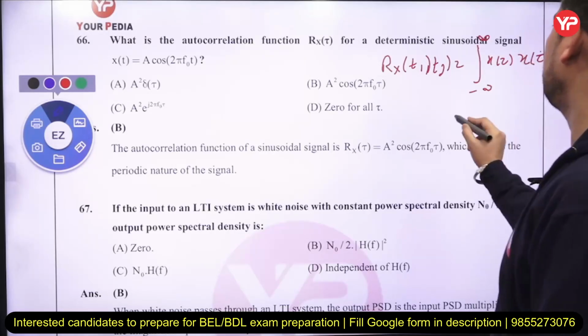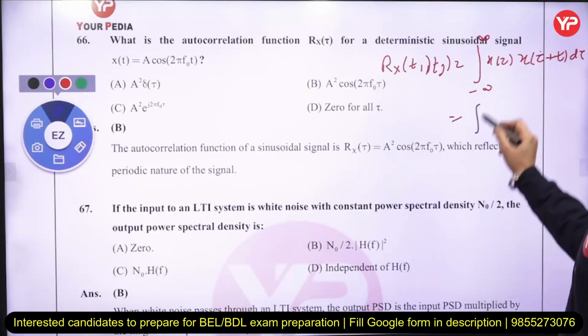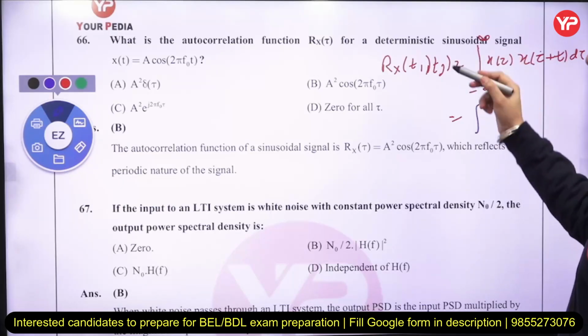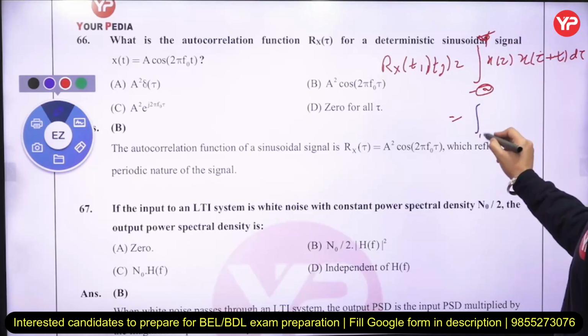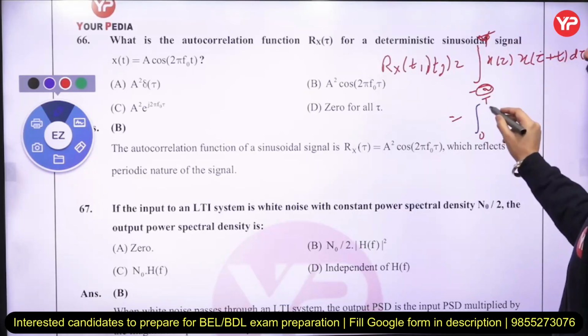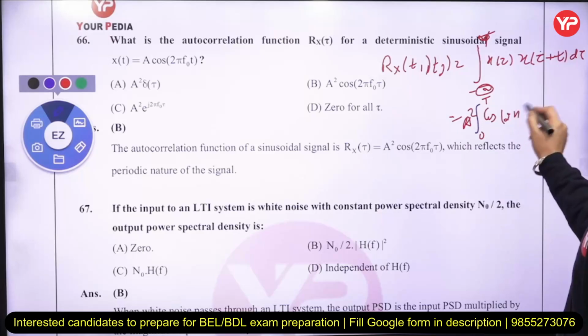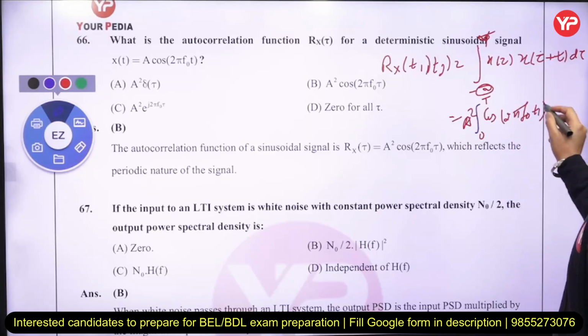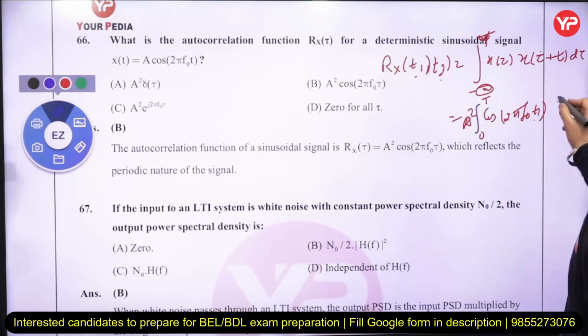Since this is a periodic signal, we do the integration for one period, 1 over T, integration 0 to T. A squared comes out, A squared cos of 2 pi f naught t1, and either you can take t1 and t2, or t1 and t1 plus tau, it depends on you. Then cos of 2 pi f naught t2 d tau.